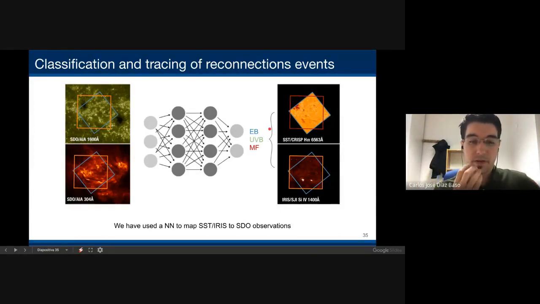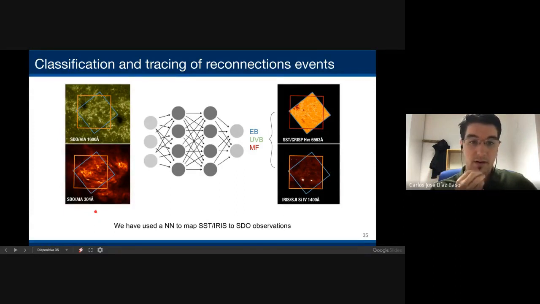So it would be great to transfer this knowledge to, for example, SDO, where we have a great cadence and we have the full solar disk. So we would be able to do statistics.